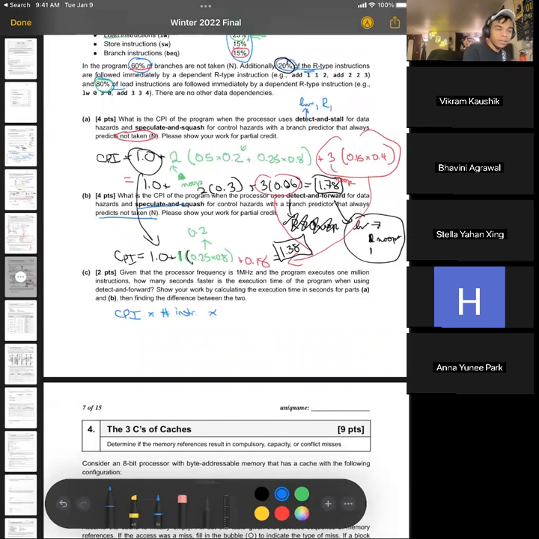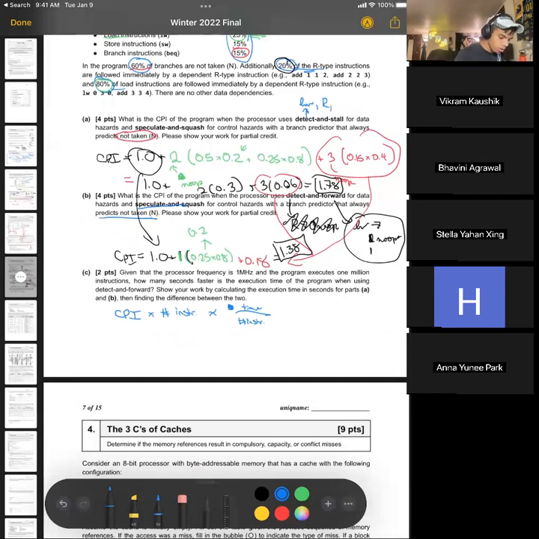So the frequency is essentially how many instructions you can execute. So essentially we want the time over number of instructions, right?